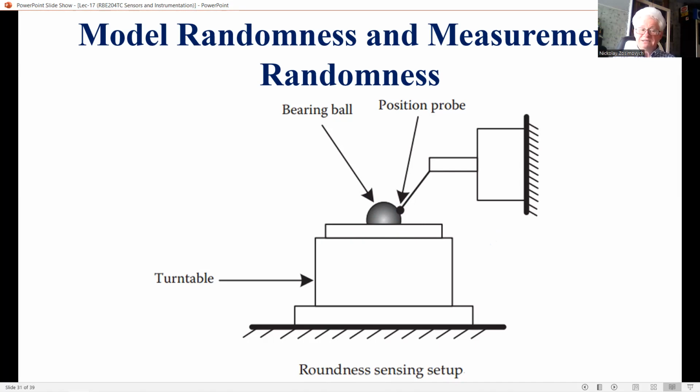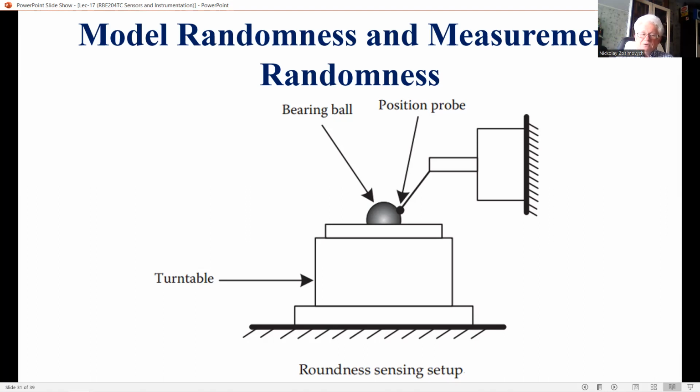A typical roundness sensing system is sketched in this slide. The sensing device has a turntable on which a ball would be mounted. A probe comes into contact with the ball, and a servo mechanism in the device ensures that the contact with the ball is maintained continuously.